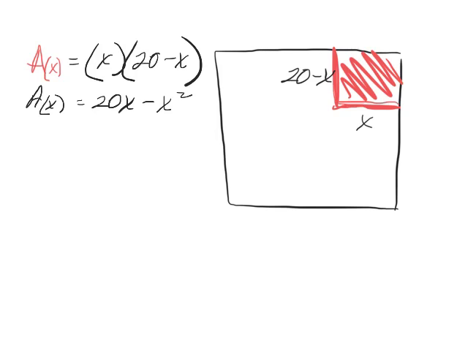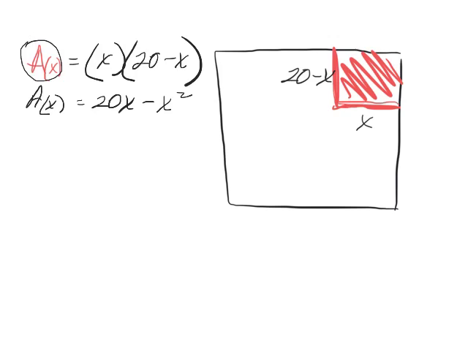Okay, so that's what they wanted to do first. They wanted to come up with an equation where the floor area was expressed as a function of length. If we're doing area as a function of whatever, it's going to be A as a function of x, and then we're just going to look at whatever area equals length times width.